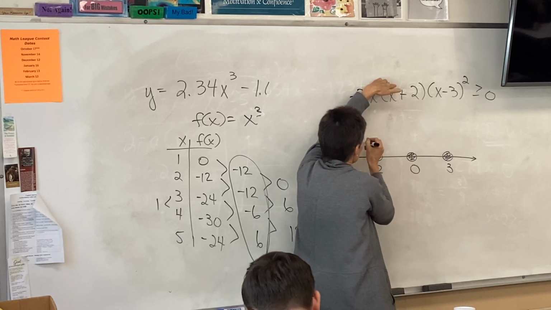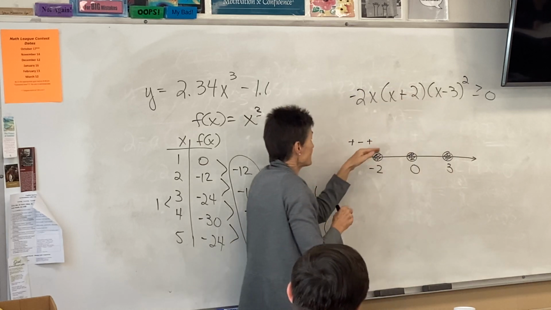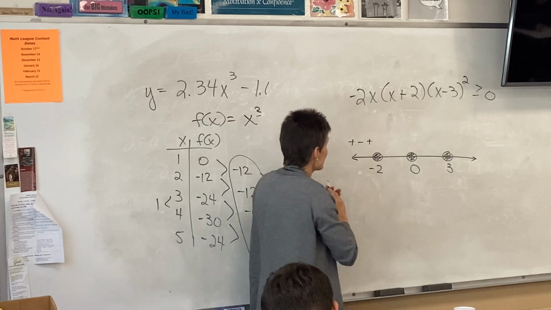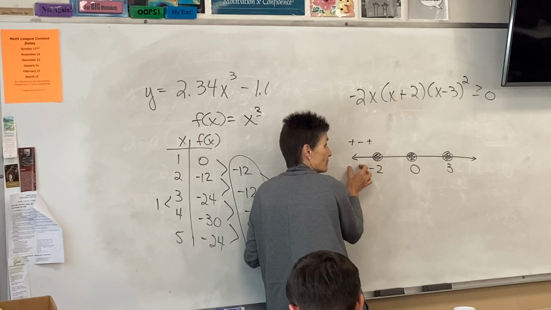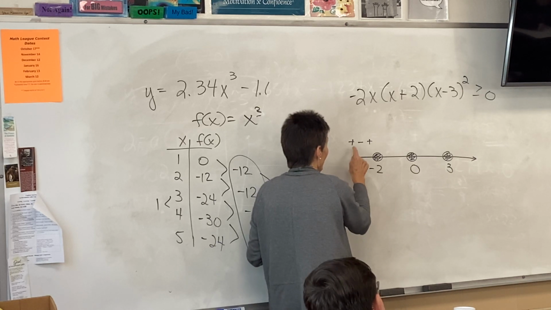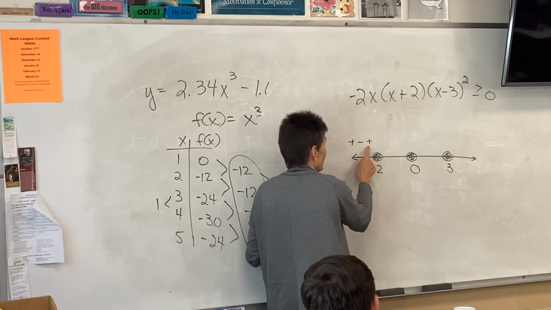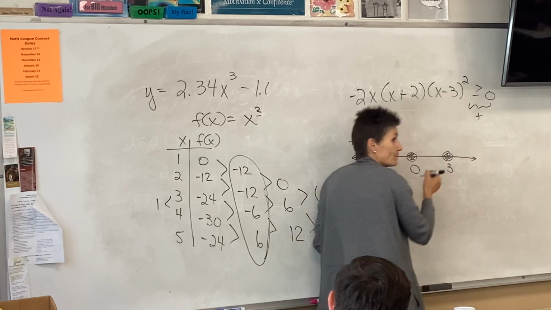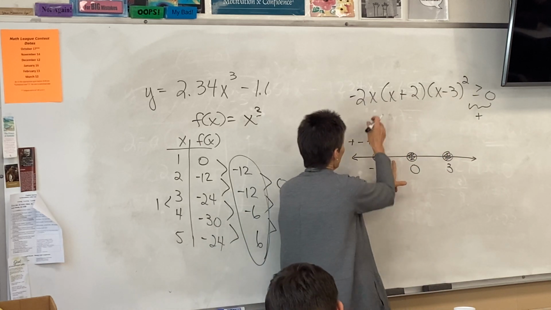This will be negative, and this will be positive. So this is my sign chart that is showing what happens with any number that I put in here. Well, what happens when I multiply a positive, a negative, and a positive? Okay, that isn't what I want. This means I want positive, right? So I'm moving on. So maybe I go to -1.